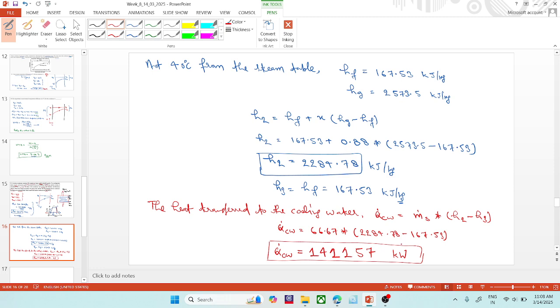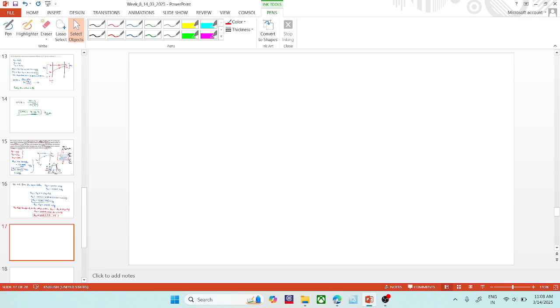Next, we have the inlet cooling water temperature, which is 32 degrees centigrade. The exit cooling water temperature is 38 degrees centigrade. Let's consider the specific heat of the cooling water as 4.187 kilojoule per kg Kelvin.